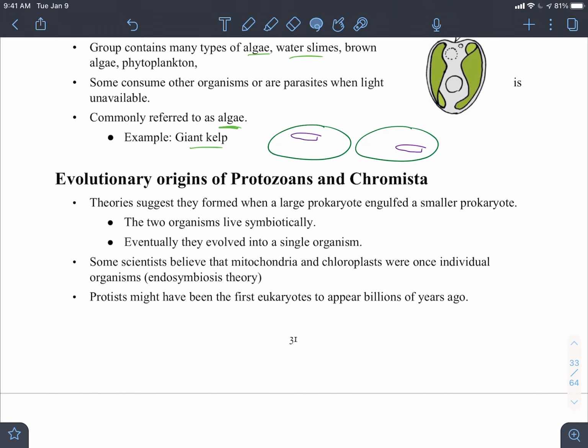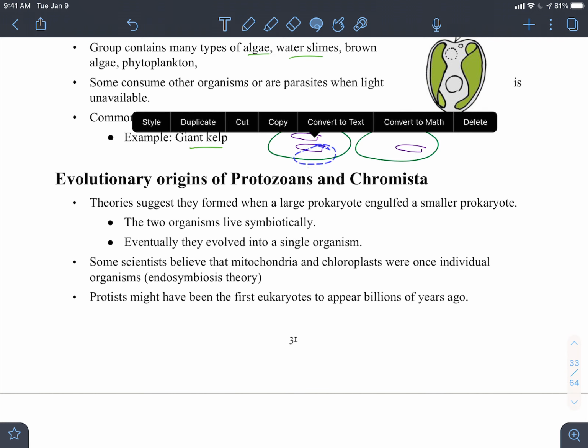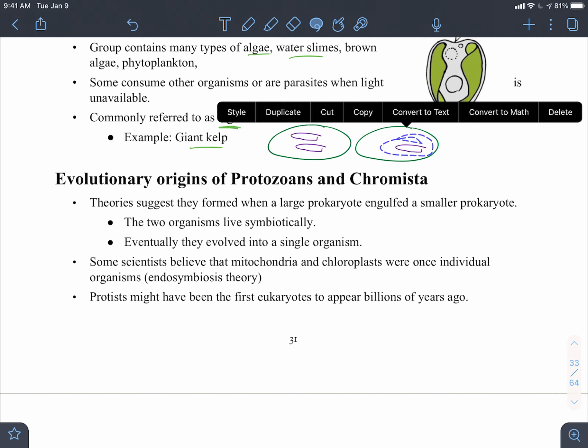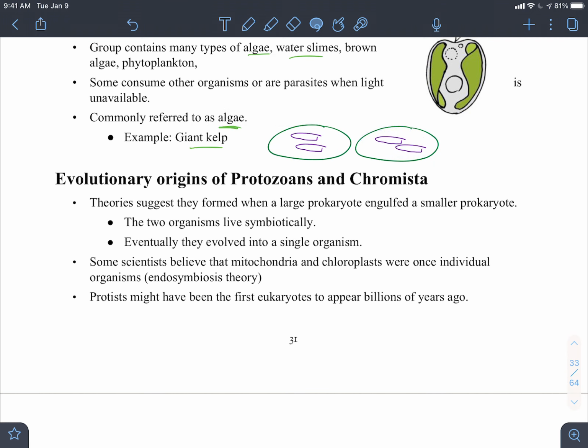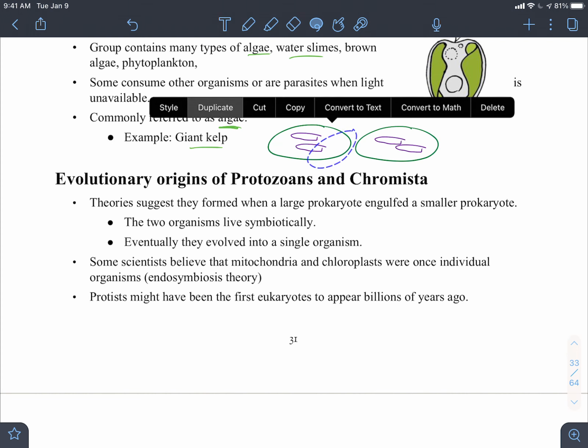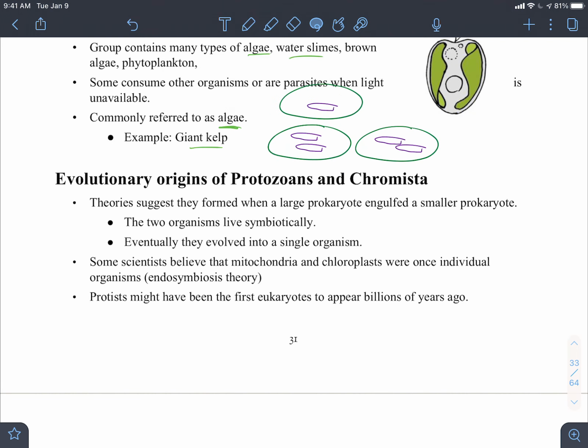And then over time, as long as the reproduction rates were different, you could imagine that every time the larger cell divided, as long as the inner cell had had a chance to divide, you would be able to continue to keep one of these purple guys inside.